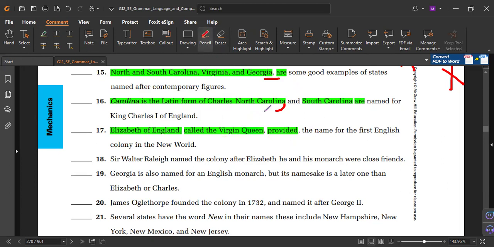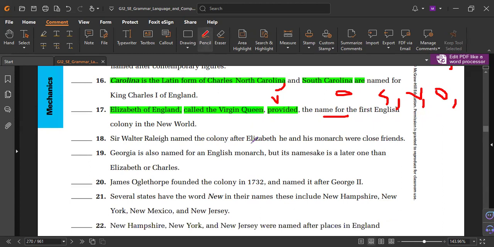Why should I separate the verb from the object? For no reason. Catch it? Okay. So try to imagine it like that: subject, verb, object. If I put a comma here, wrong. If I put a comma here, wrong. If I put a comma there, wrong. There must be a reason for the commas.